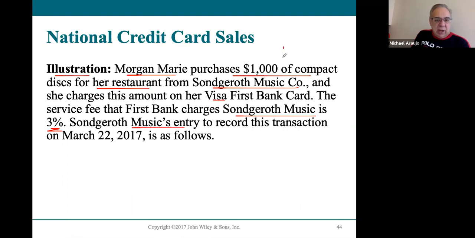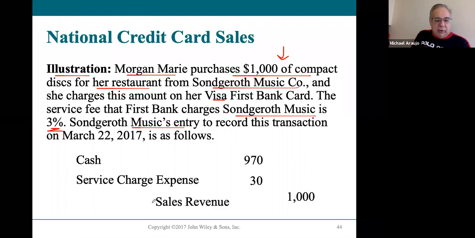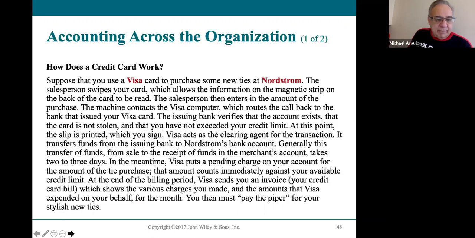They just sold $1,000 worth of goods to Morgan. They're going to record the sale as a $1,000 sale, because it was indeed a $1,000 sale. But as you see, they're only going to be collecting $970 in cash. The other $30, which is 3% of the $1,000, is going to go down as a service fee, or service charge expense. It's an expense account to the company. And that's basically how they work.